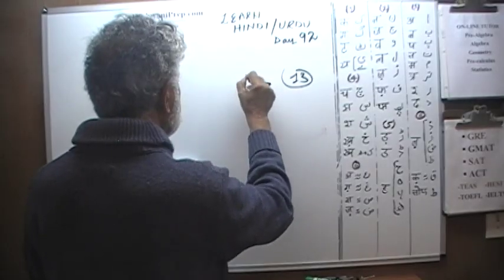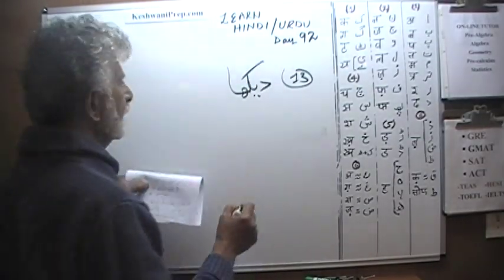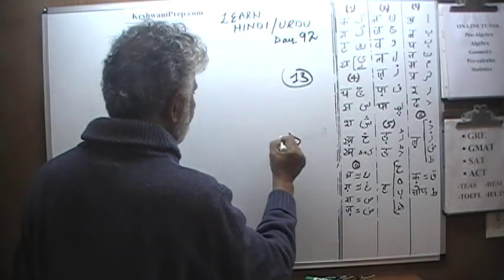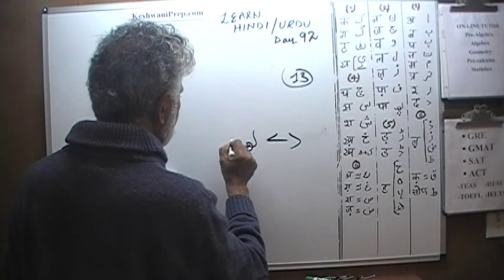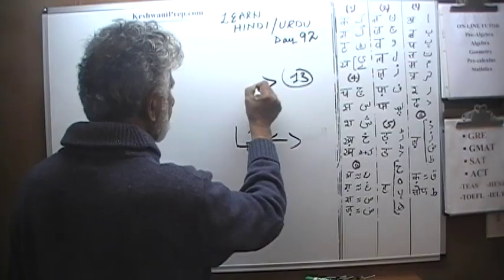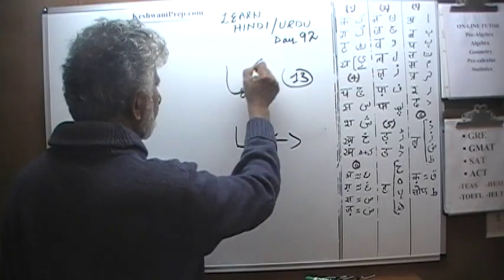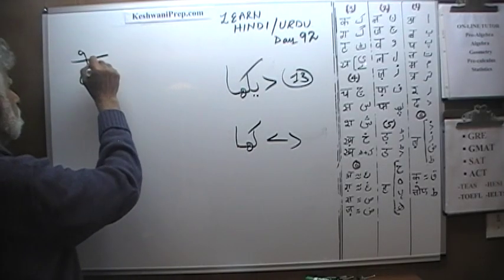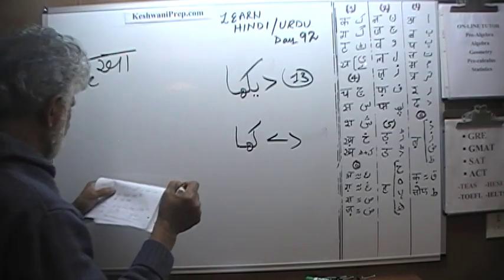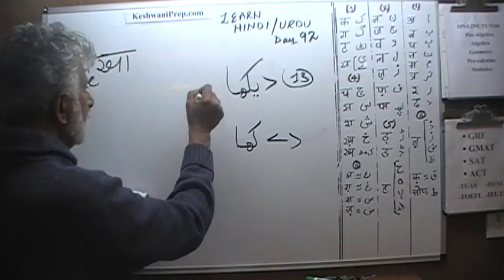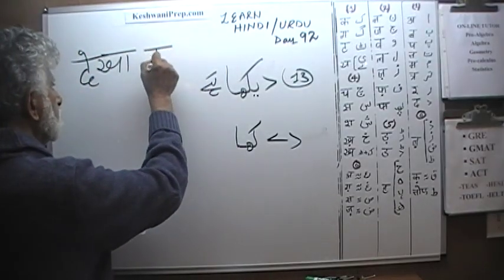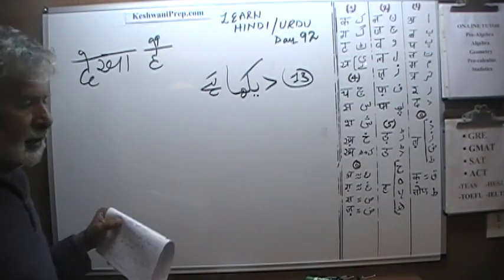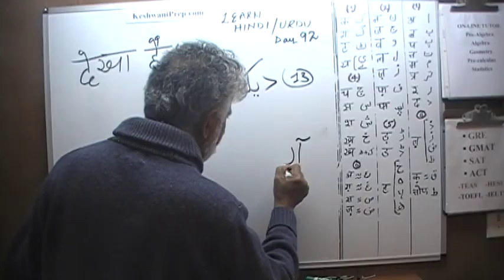Dekha. Let me rewrite it. So dekha strictly is like this. Kha, kha, and then dekha. When you put it together, देखा है. The next word is आँख. So far it says आना.